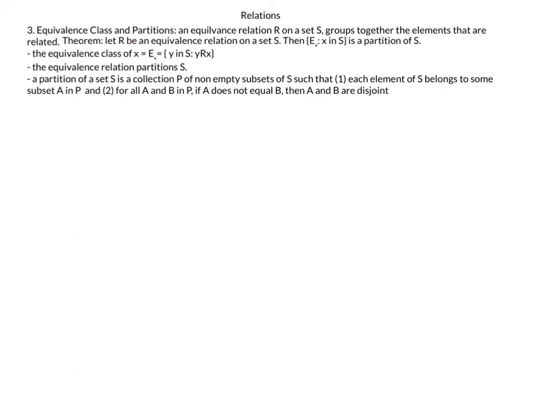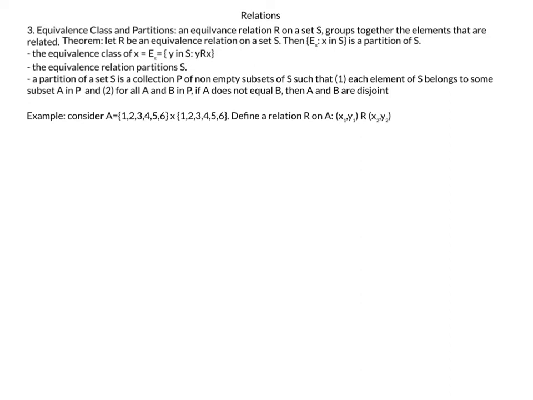And those equivalence classes form a partition. Since I worked everything backwards, starting at the top then, equivalence classes and partitions: an equivalence relation R on a set S groups together the elements that are related. And we have this theorem: let R be an equivalence relation on a set S, then the equivalence classes of x in S form a partition of S. So this kind of just summarizes the little pieces we've said here.